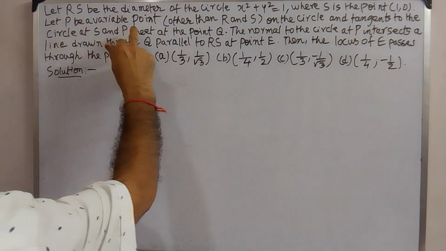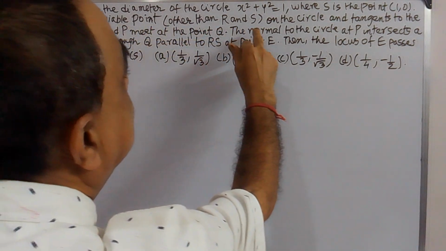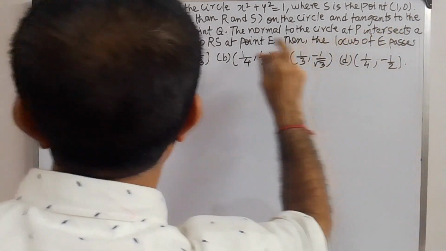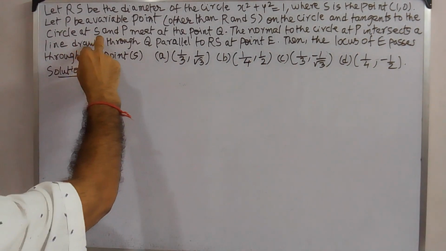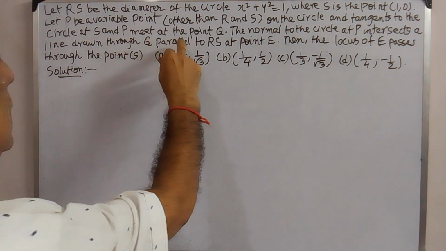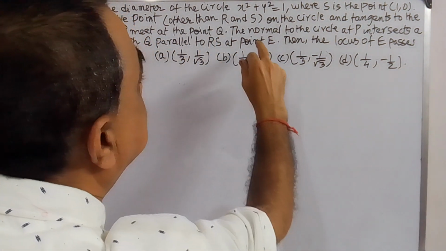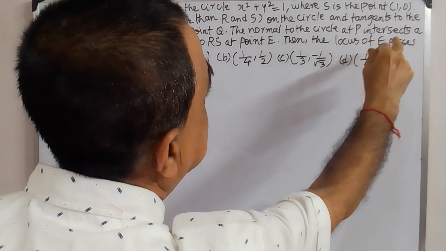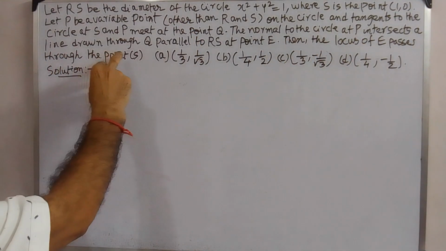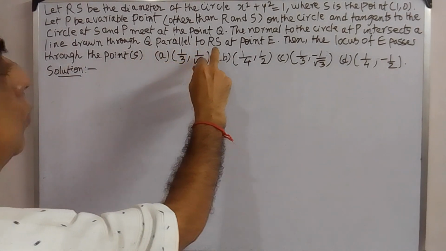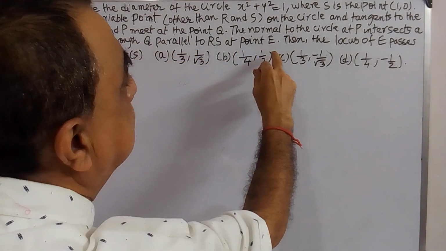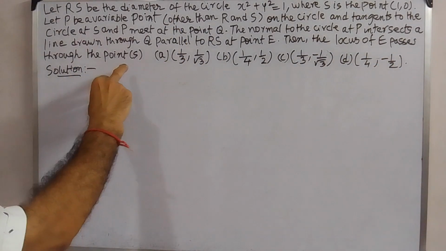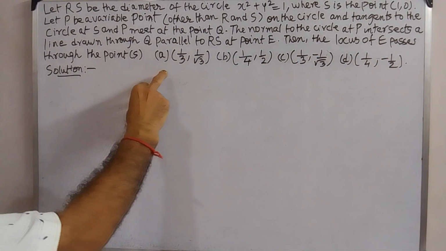Let P be a variable point other than R and S on the circle, and tangents to the circle at S and P meet at the point Q. Then the normal to the circle at P intersects a line drawn through Q parallel to RS at point E. Then the locus of E passes through the point or points.